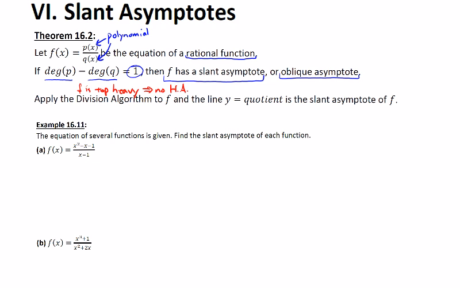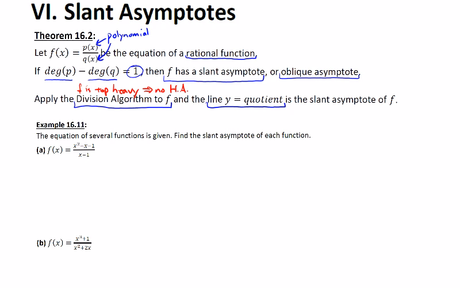So that's where the division algorithm is going to come in. You're going to perform the division process, and then the line y equals the quotient is going to end up representing your slant asymptote. So you're going to apply the division algorithm to f. You're going to apply it directly to f because f is already going to be a rational function.